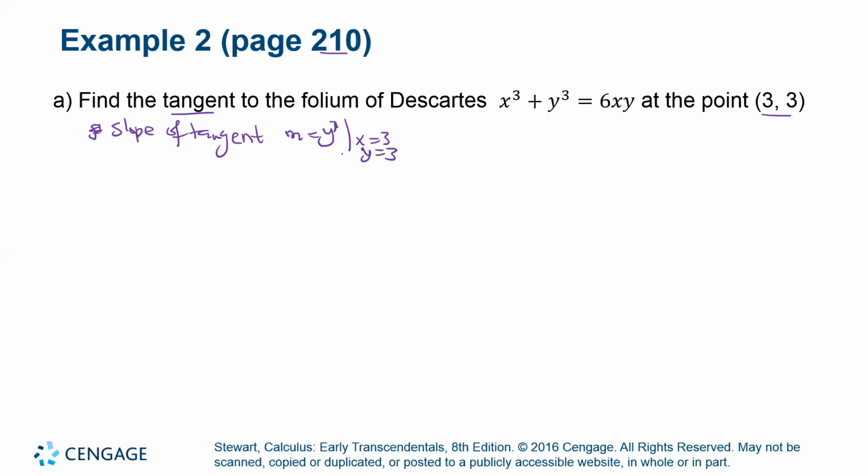All right. So step 1, differentiate that implicitly. We're going to differentiate both sides of the equation: d/dx of x cubed plus the derivative of y cubed, equal to the derivative of 6xy.